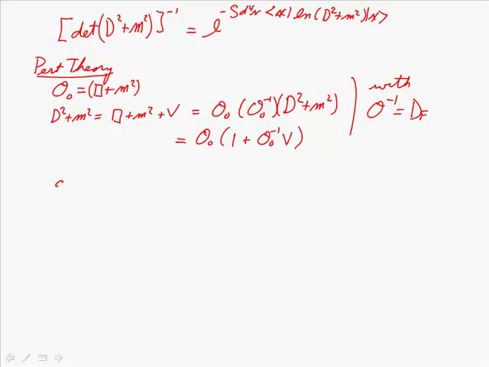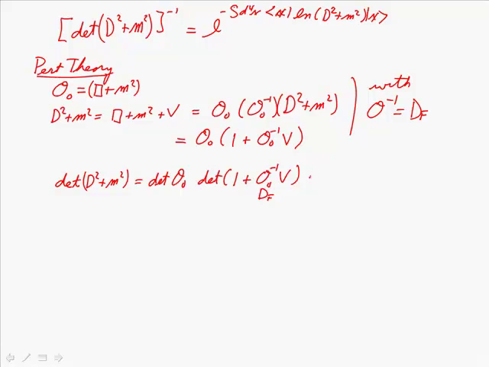So then the determinant of D squared plus m squared is the determinant of O0 times the determinant of 1 plus O minus 1 V, O0 minus 1, which I should write as DF at this stage since I've got it there.